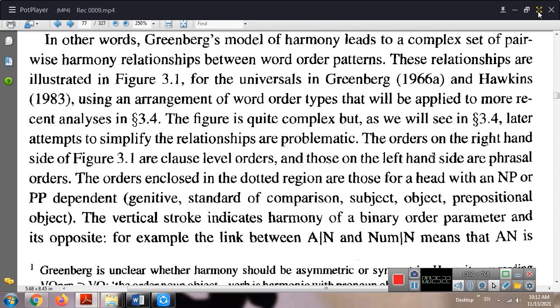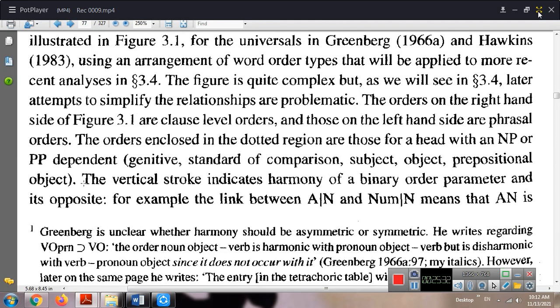The orders on the right-hand side of figure 3.1 are clausal level orders, and those on the left-hand side are phrasal orders. The orders enclosed in the dotted region are those for a head with a noun phrase or preposition dependent, like genitive, standard of comparison, subject, object, prepositional object.